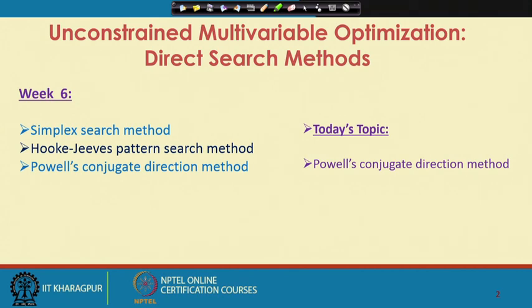In the last few lectures we have talked about two methods for unconstrained multivariable functions which are classified as direct search methods, namely simplex methods and the Hooke-and-Jeeves pattern search method. Today we will talk about another direct search method known as Powell's conjugate direction method.